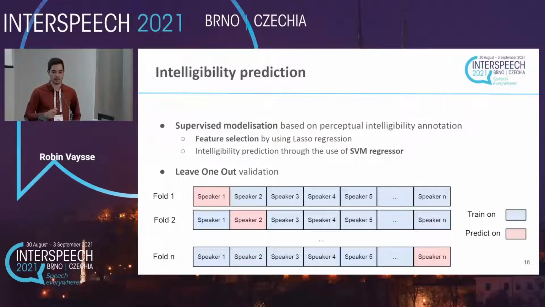So we used the Lasso regression to only get the important features, and we used the selected ones with a support vector machine regressor, and we applied the leave-one-out validation scheme. So we trained our SVM on all the speakers in blue, and we predict on the last speaker we didn't train on, and we repeat this step until all speakers have been predicted.